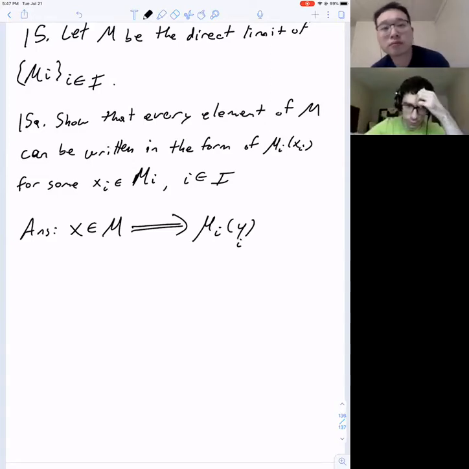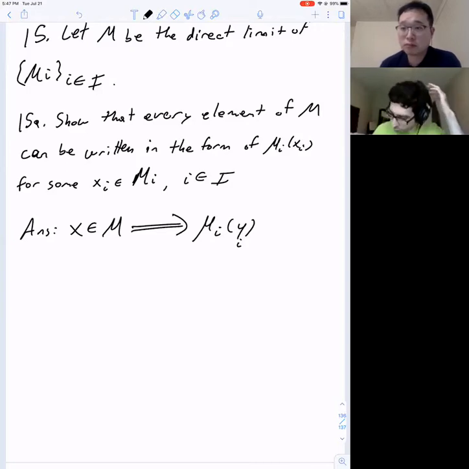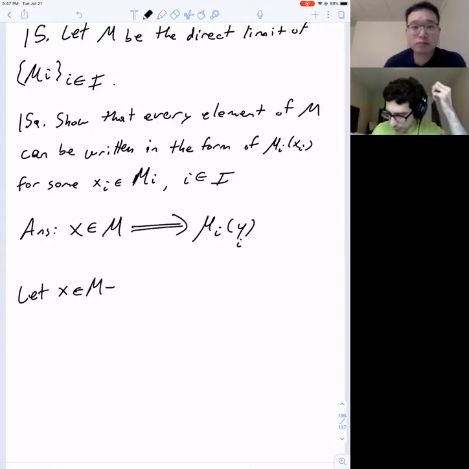Well, you only need to prove that for finitely many places. So let x be in M, that is the quotient module.